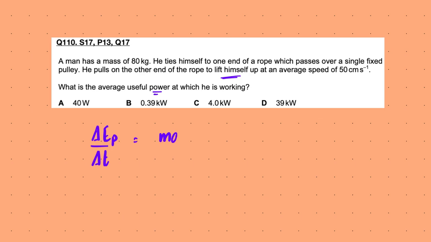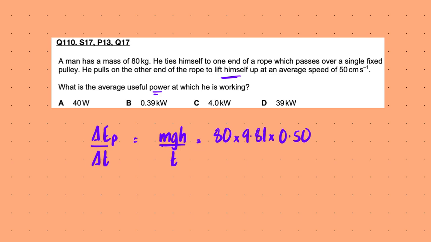Now I am used to seeing this as mgh over t, but there's no h. Instead I have the velocity, which I can think of as this being h over t. 50 centimeters per second, which is 0.5 meters per second. Mass is 80, small g is 9.81, and this is 0.5.